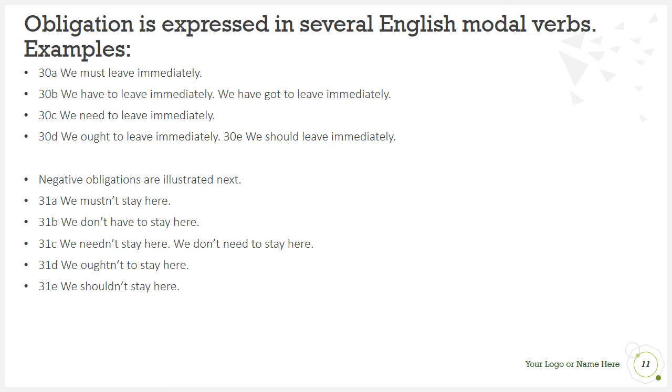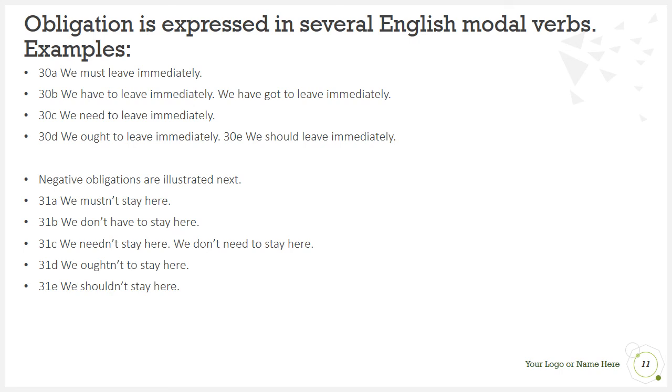Negative obligations are illustrated next. We mustn't stay here. We don't have to stay here. We needn't stay here. We don't need to stay here. We oughtn't to stay here. We shouldn't stay here. There is a great difference between 31a and the rest of these. The first says that we are obligated not to stay.